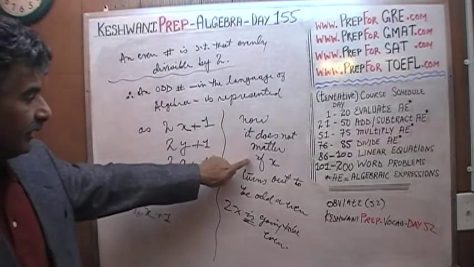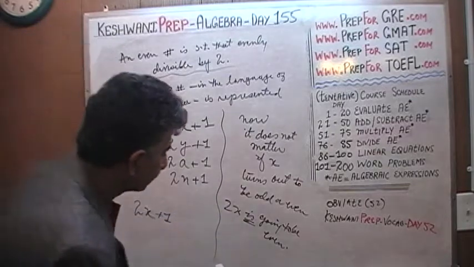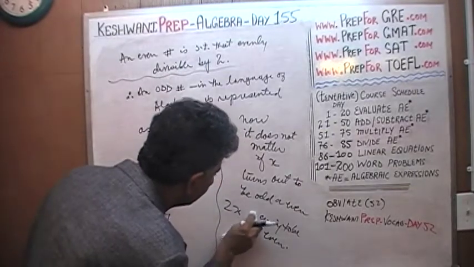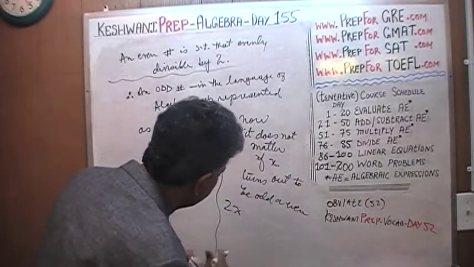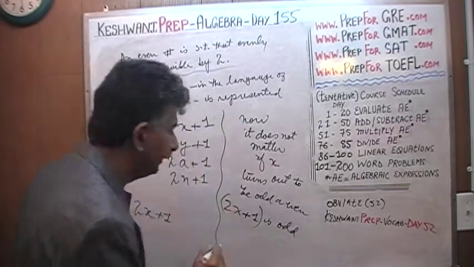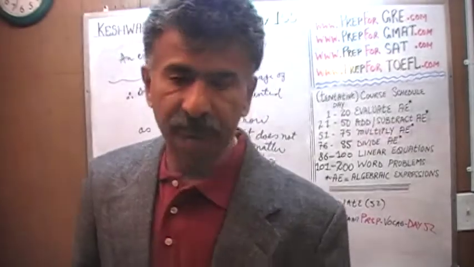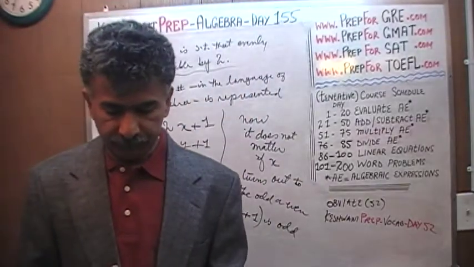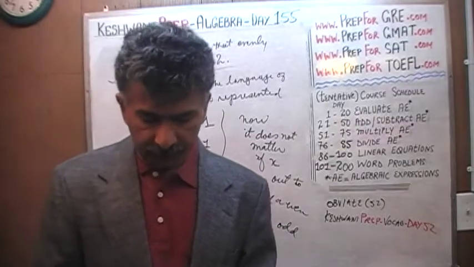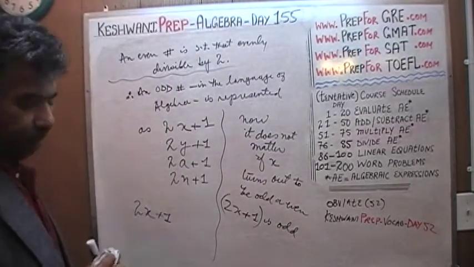Now it doesn't matter if x turns out to be odd or even. 2x plus 1 is odd. This quantity is definitely odd regardless of what x is, whether it's even or odd. Do you understand? So one more time, an odd number is represented as 2x plus 1.